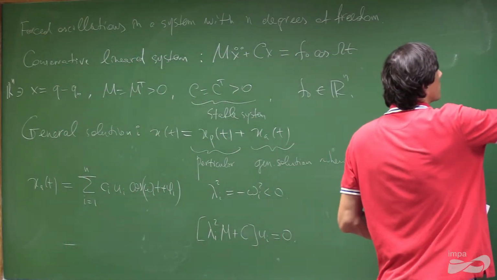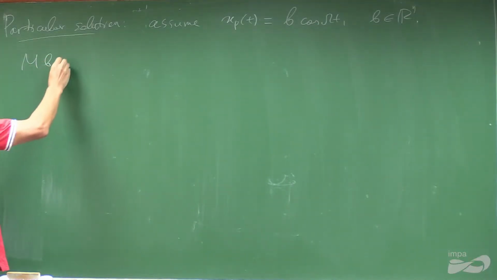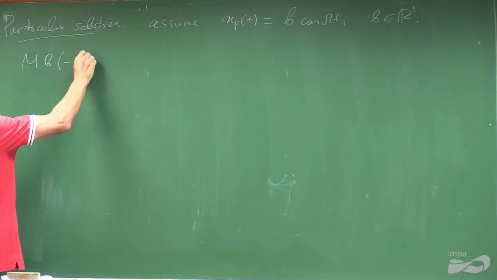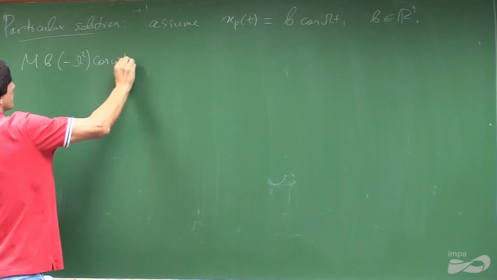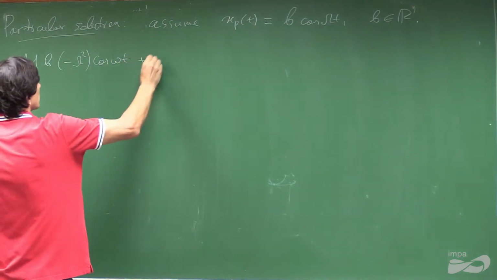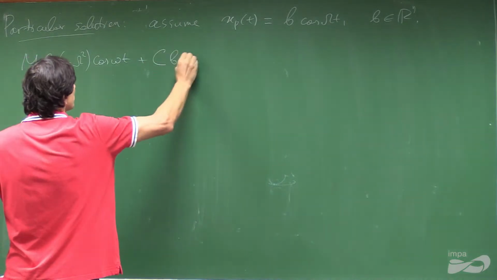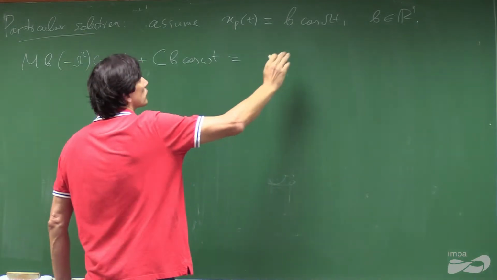So it will be m times b's second derivative, which gives minus omega squared cosine omega t, plus c b cosine omega t, equal to... oh no, not large omega.